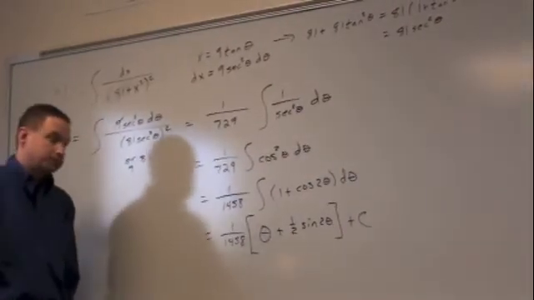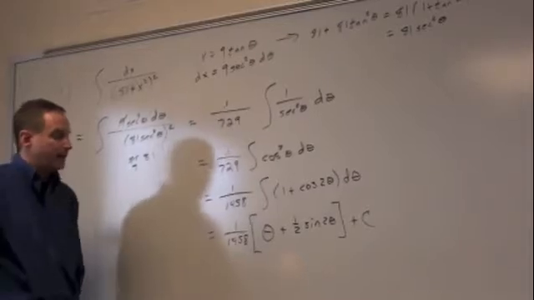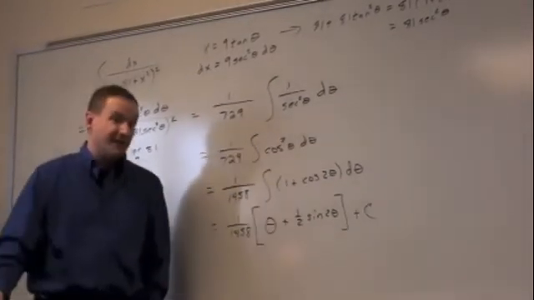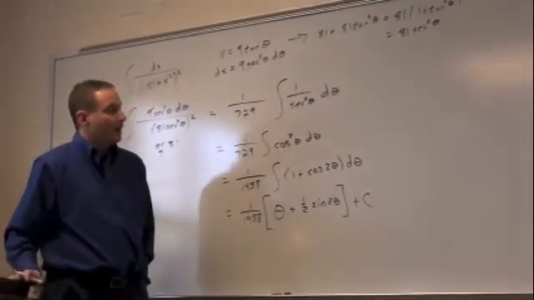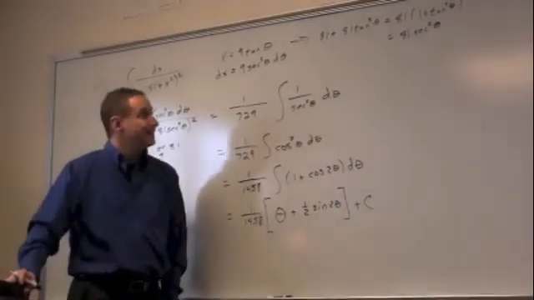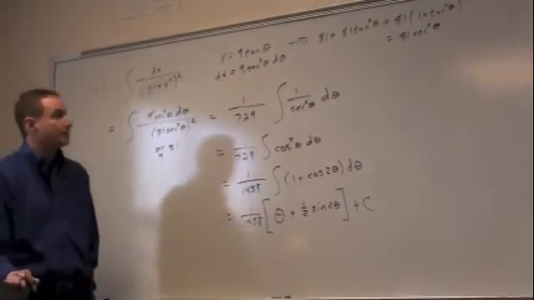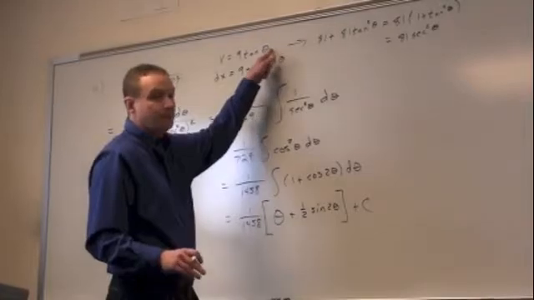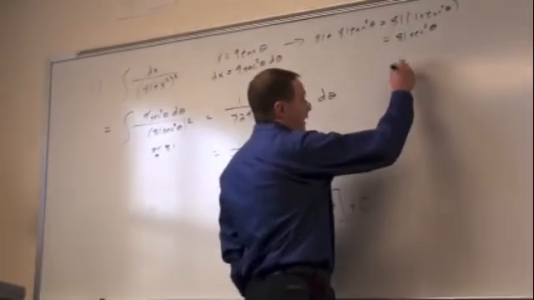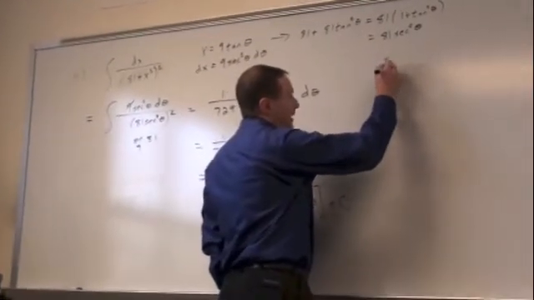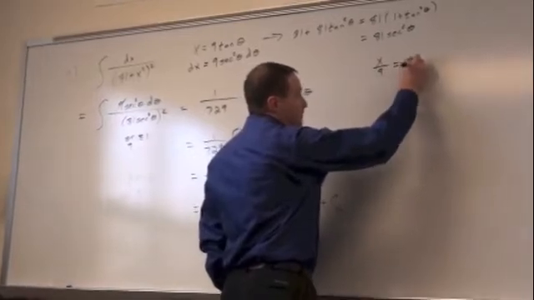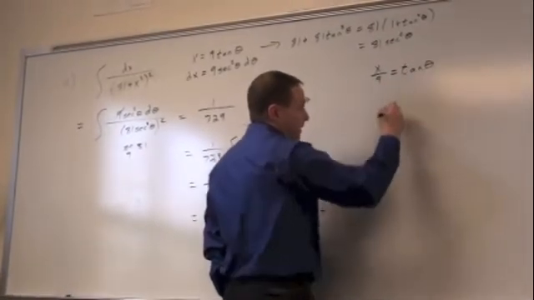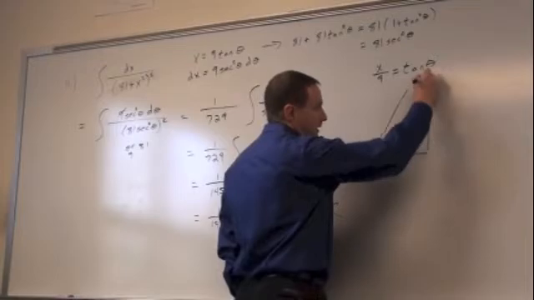So I've got my 1 over 1458 on the outside, and I think I'm going to leave it on the outside. My interior part has theta. It needs to be put back in terms of x. Here's where we take our formula in the problem. x equals 9 tangent theta, so x over 9 is equal to the tangent of theta. That allows me to draw a trig triangle.